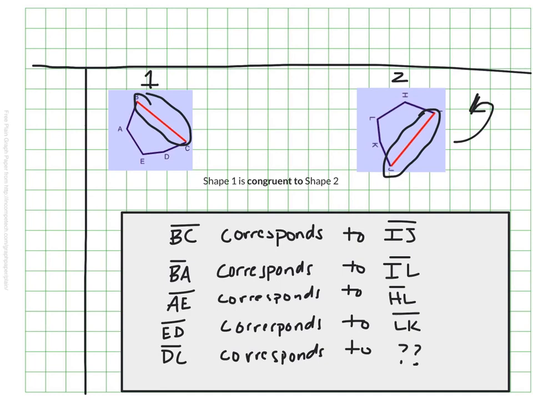I want to make sure that I point out that the order in which you write the name matters, right? So B to C went from here down to here, right? If I spun this around, it would not work for me to call the corresponding line JI, right? That is going in the wrong direction.